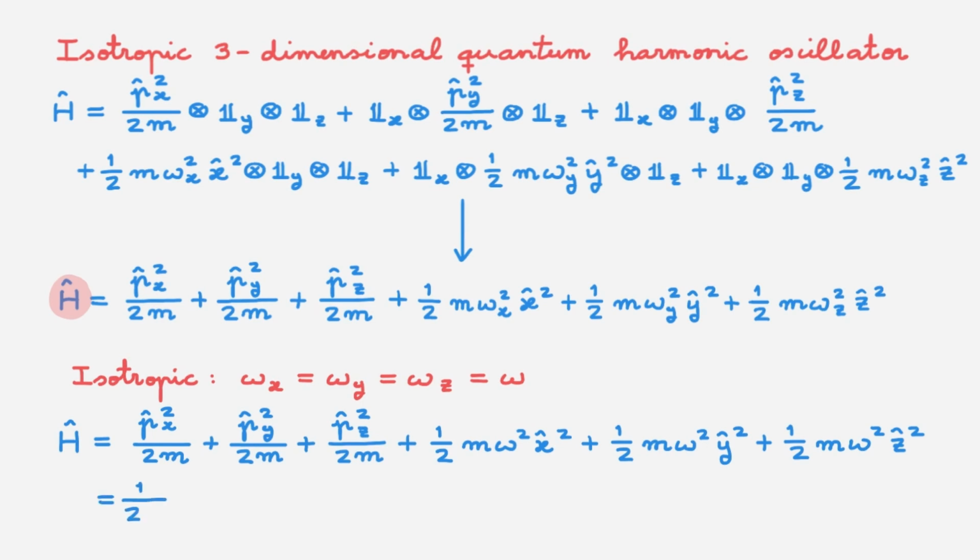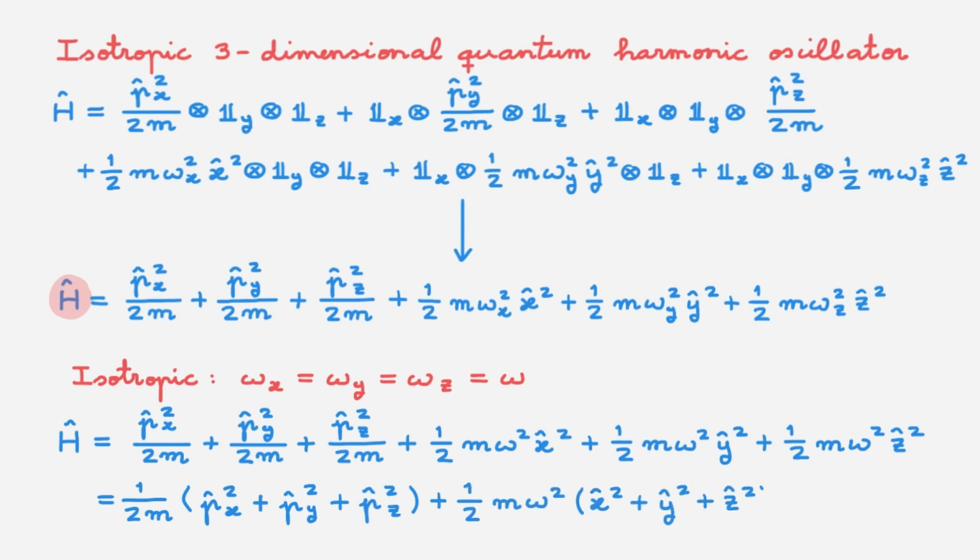And we can actually take common factors to simplify the kinetic energy terms, and we can also take common factors to simplify the potential energy terms. Feel free to pause here for a moment to convince yourself of these expressions, but everything should be pretty straightforward.